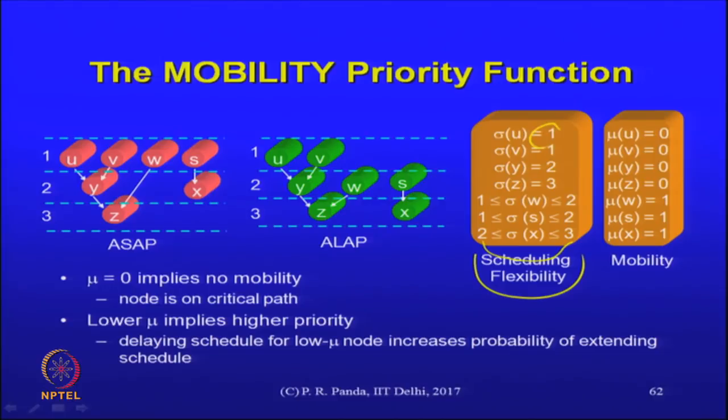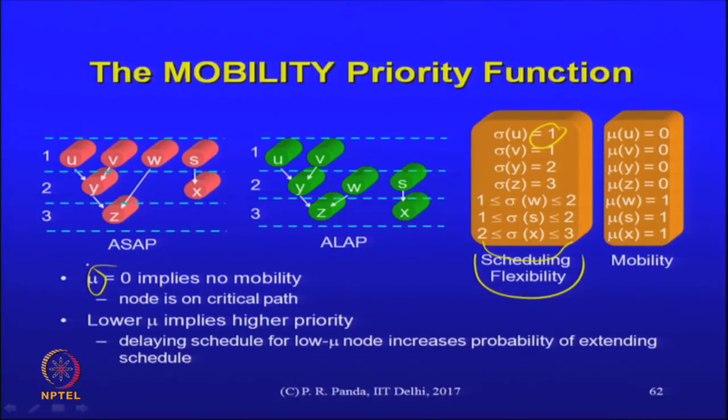If you do not have a range, then that difference is 0, telling us that these are in some ways the highest operations. So, the node is on the critical path if the mobility is 0, and a lower mobility generally implies a higher priority. So, how is it useful in a practical scheduling algorithm?